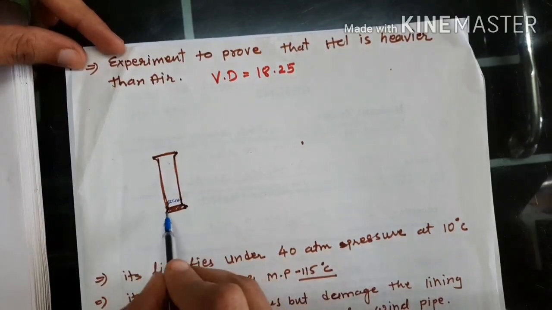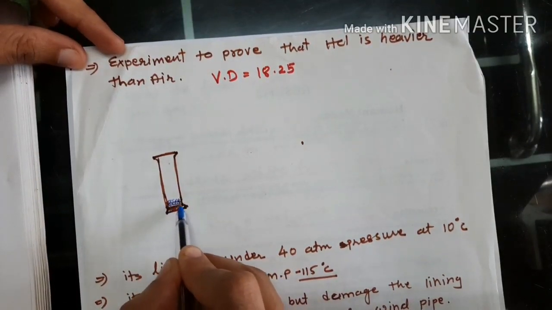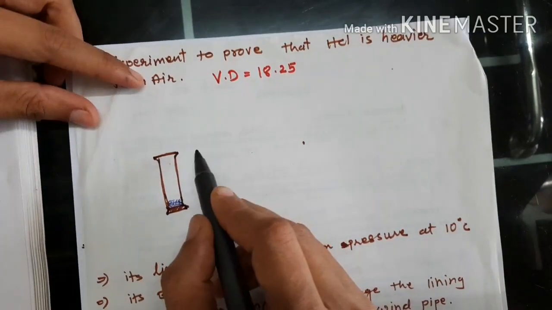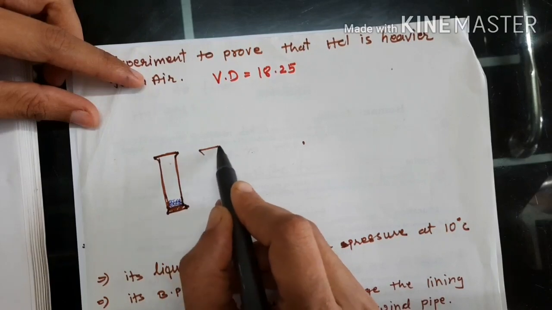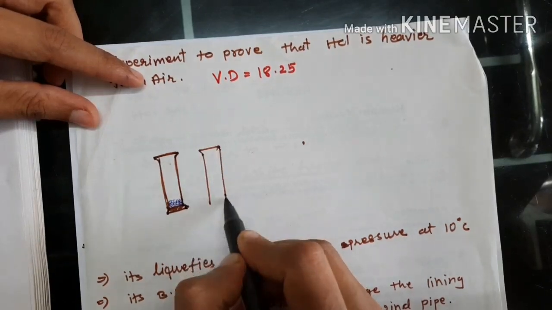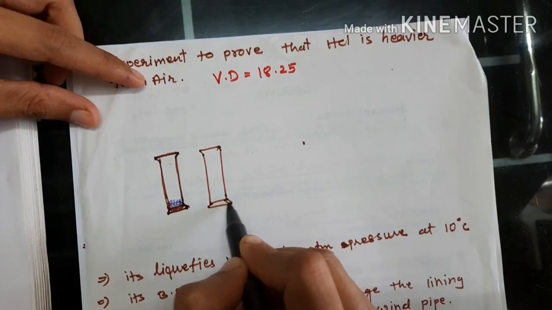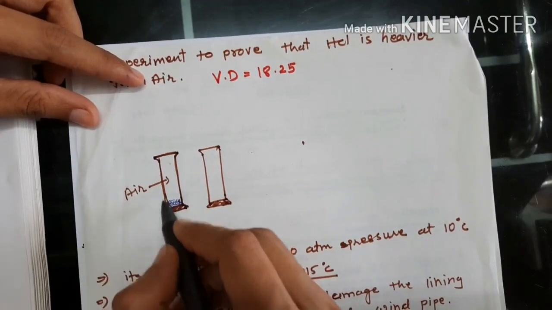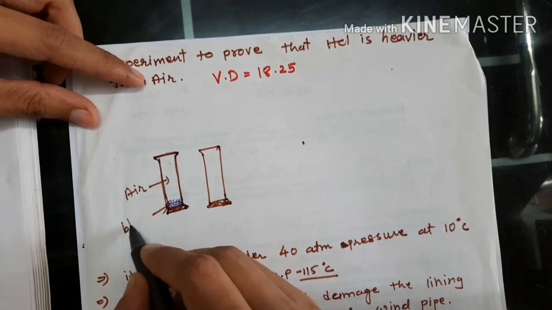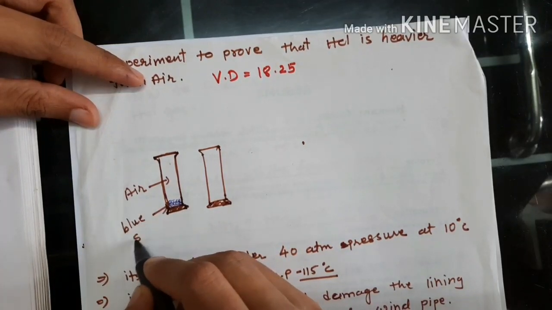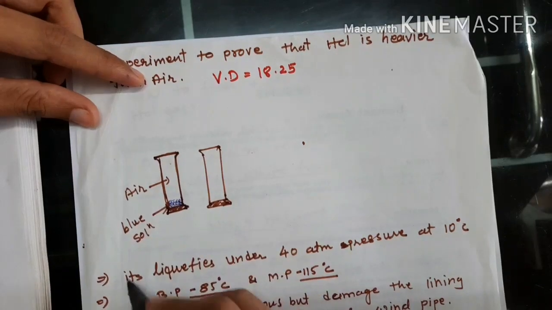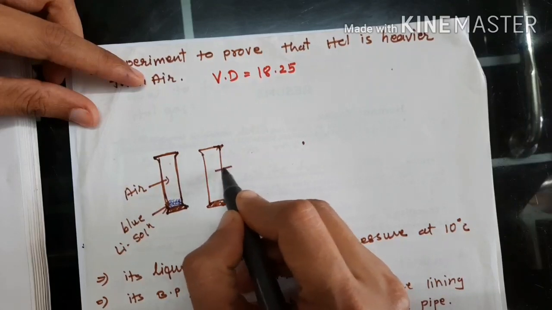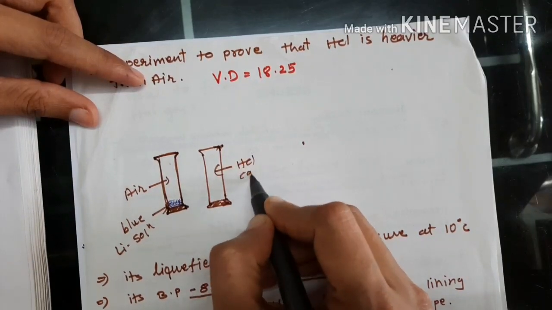Now we take another gas jar in which air is present, and we add blue litmus solution. Here is another gas jar, and we fill it with HCl gas.